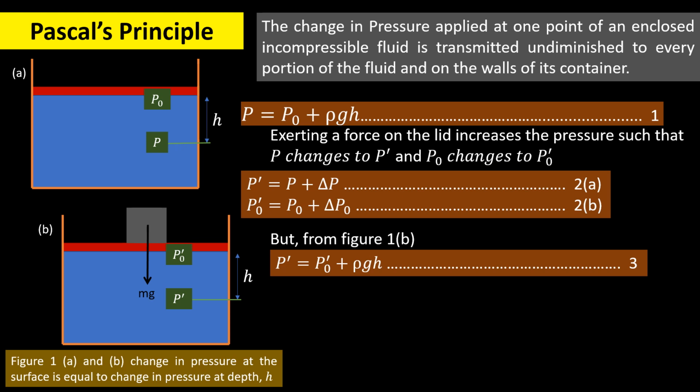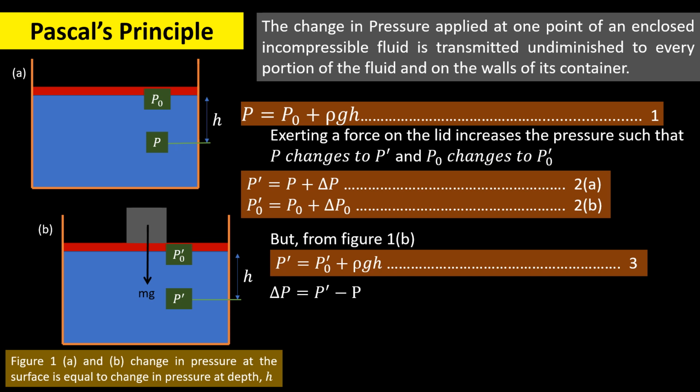But from figure 1b, we know that P prime, the new pressure at point P, is equal to the pressure at the top, P naught prime, which is, we can say, the pressure due to the mass which has been added, the seal and the atmospheric pressure, plus the pressure exerted by the liquid, which is rho gh.